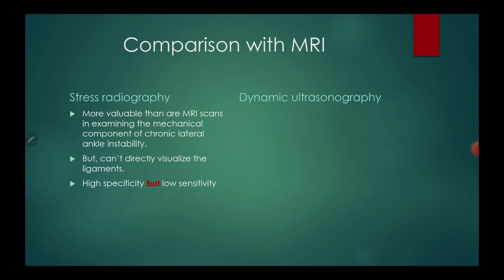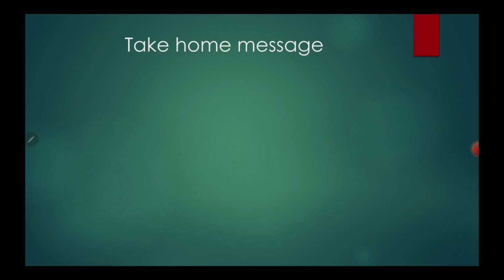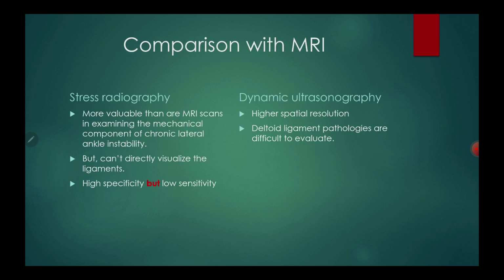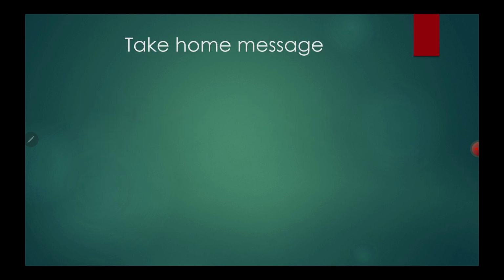So if it is present, then we can say that there is instability, but if the patient is having instability, it is not necessary that we get all the imaging appearances on the stress radiography. Then dynamic ultrasound has higher spatial resolution, so even partial fiber rupture can be seen on ultrasound better than MRI. But deltoid ligament pathologies are difficult to evaluate on ultrasound, and so in that way MRI is better.